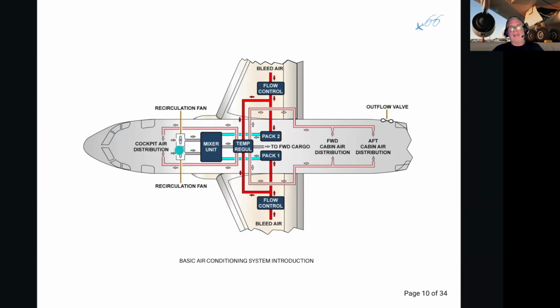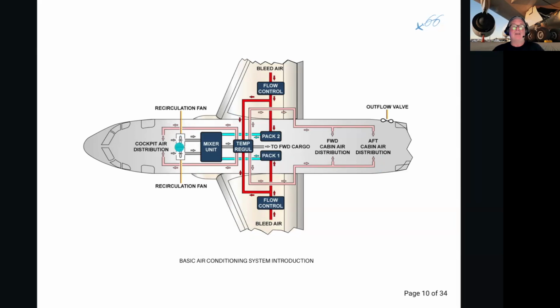We also have recirculation fans, because remember, guys, we are in a pressurized vessel. We are at 35,000 feet. There are always leaks, but the leaks are minimal. A lot of the air we're using in the cabin is recirculated air.